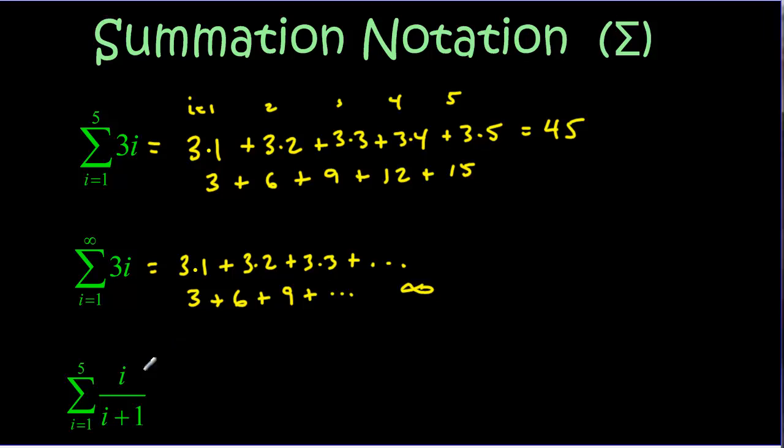Now, just as another example to get used to this notation, this one's a little bit more complicated, but we'll expand this out. So remember, we're going to start with I equals 1 and plug it in. So we have 1 over 1 plus 1. And now we go I is 2. And we're just plugging in for both i's.